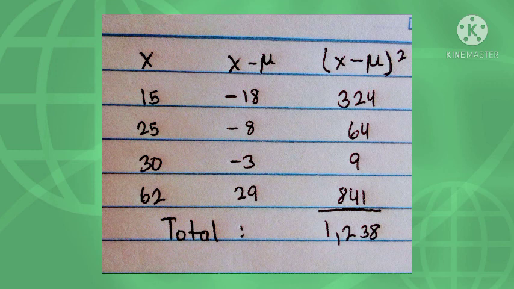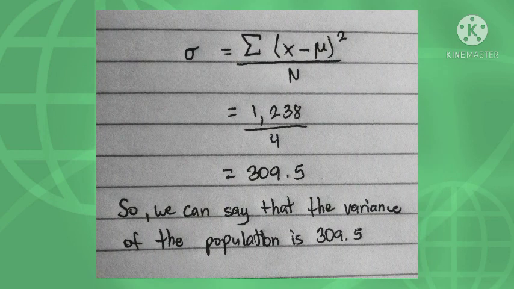If we add them together, we get 1,238. Now, to determine the variance of the population, we divide 1,238 by 4. So 1,238 divided by 4 is equal to 309.5. So we can say that the variance of the population is 309.5.